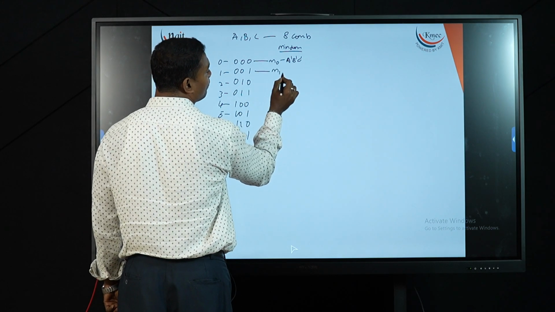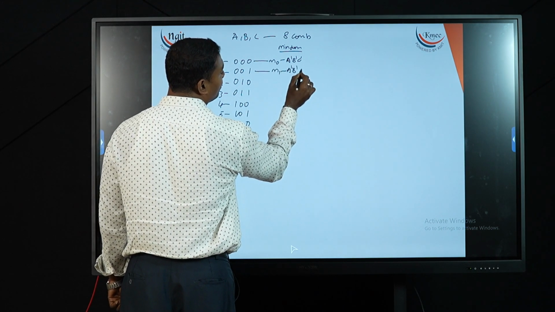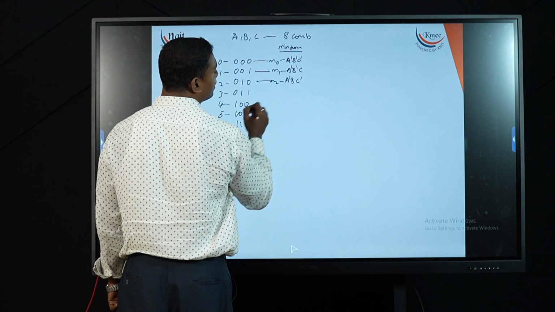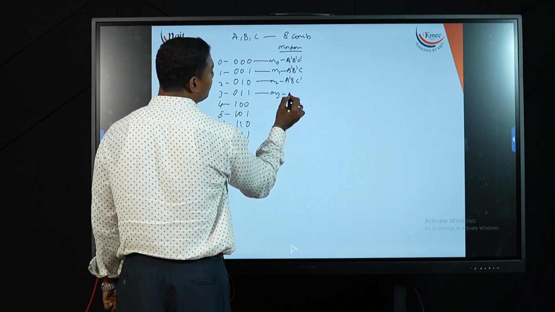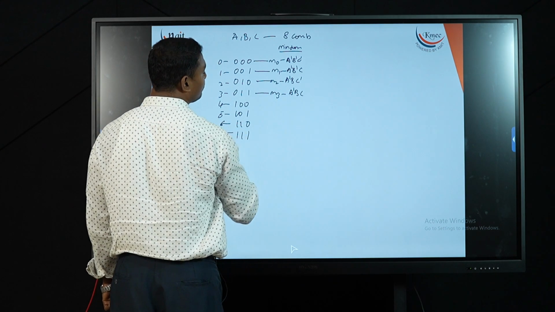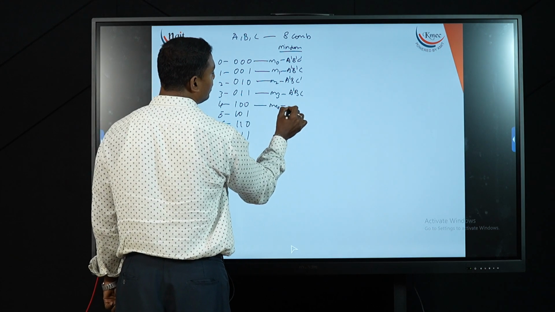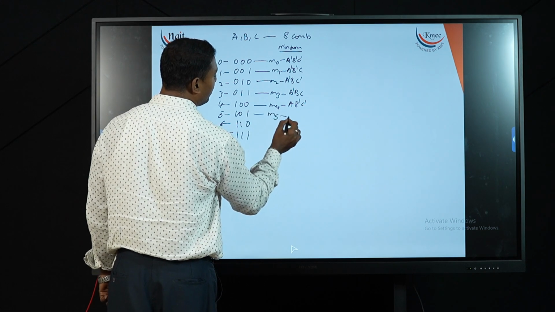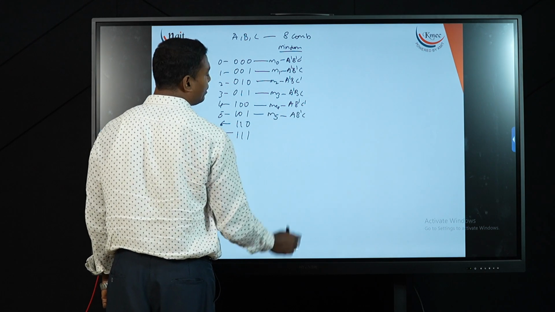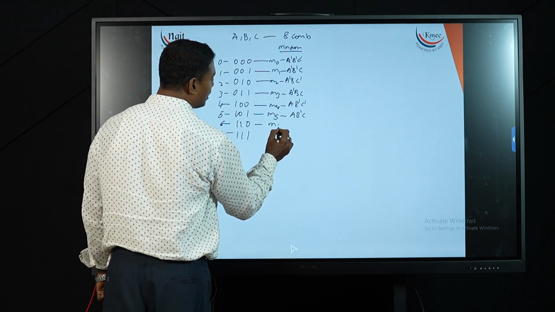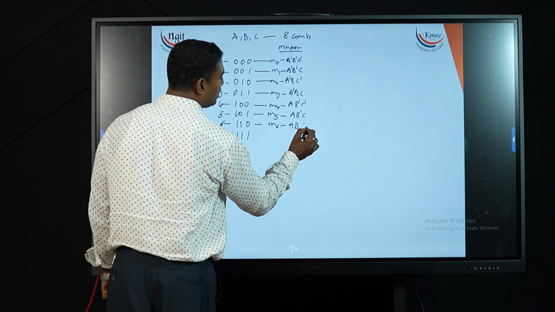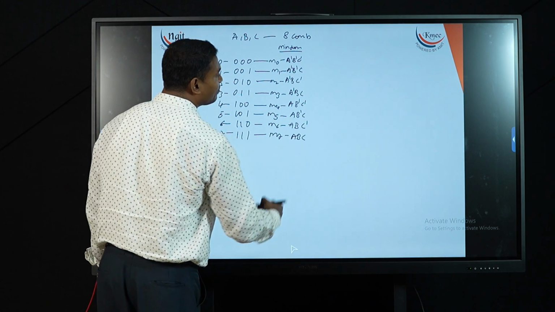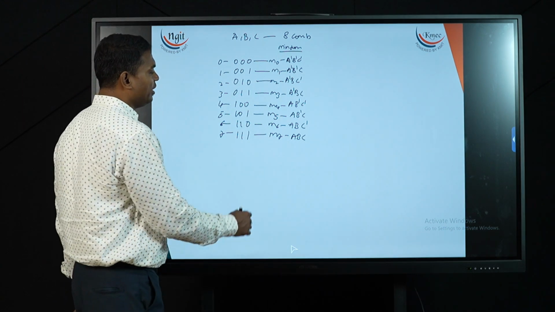This can be written as m1: A dash, B dash, C. m2 can be written as A dash, B, C dash. m3 can be written as A dash, B, C. m4 can be written as A, B dash, C dash. m5 can be written as A, B dash, C. m6 can be written as A, B, C dash, and m7 can be written as A, B, C. This is the min term representation, right?